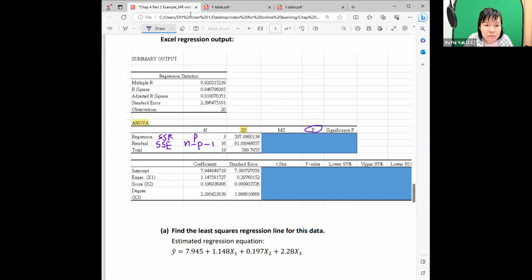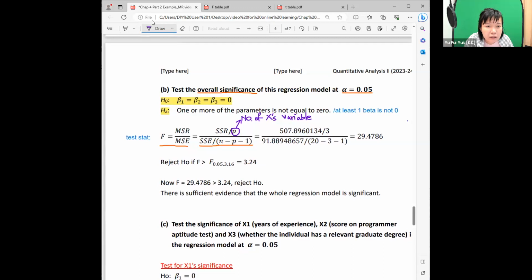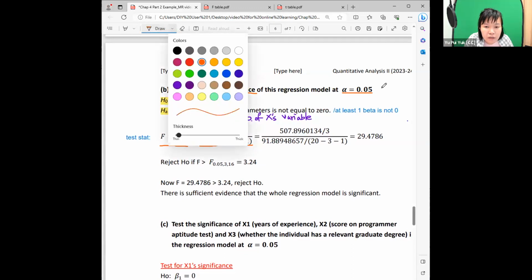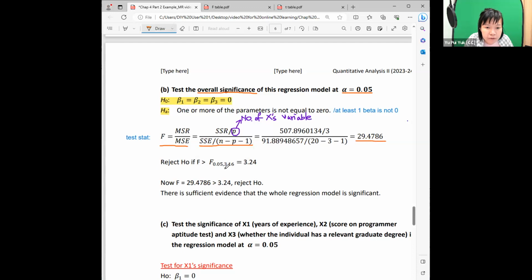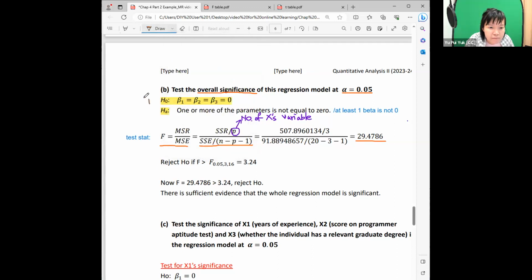So remember, if we use the critical value approach, the first step is to draw the rejection region. Then either write down the rejection rule or simply draw the rejection region.